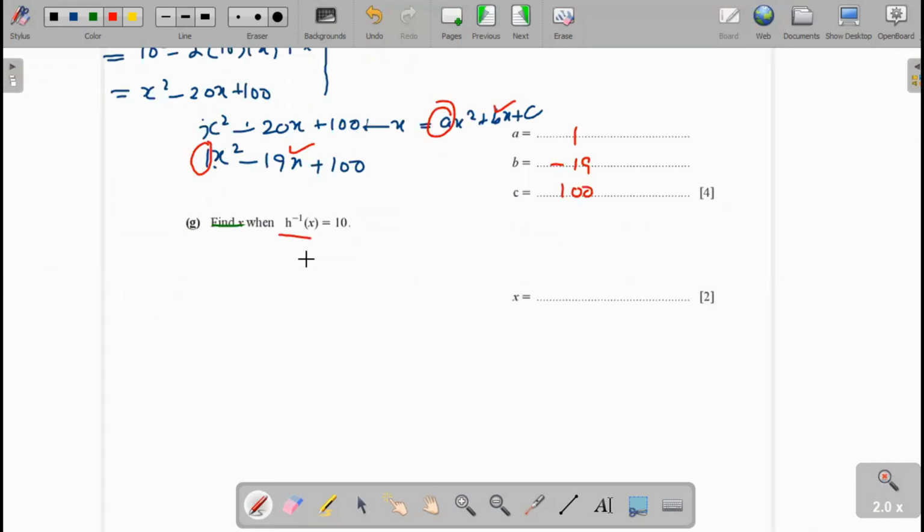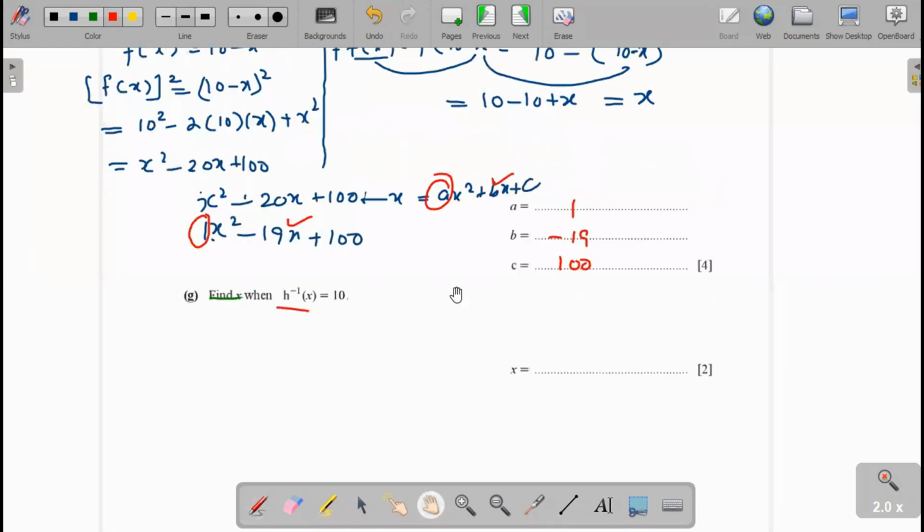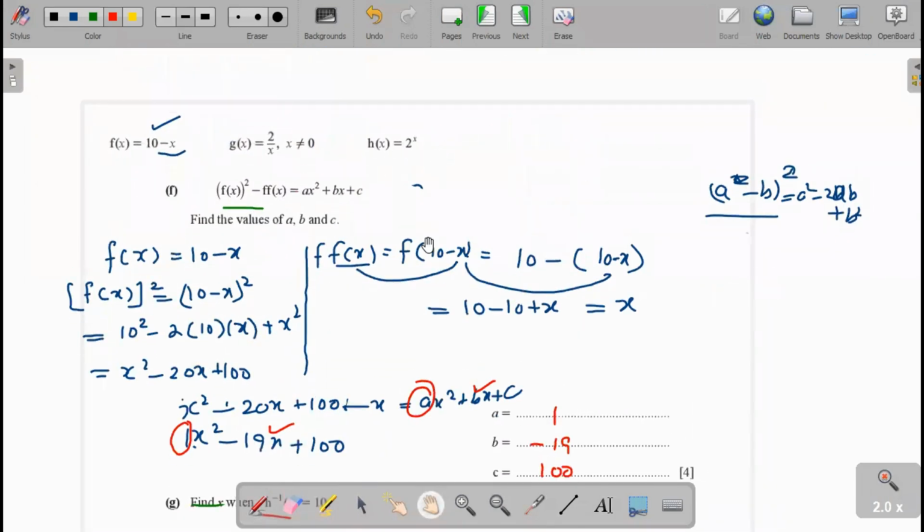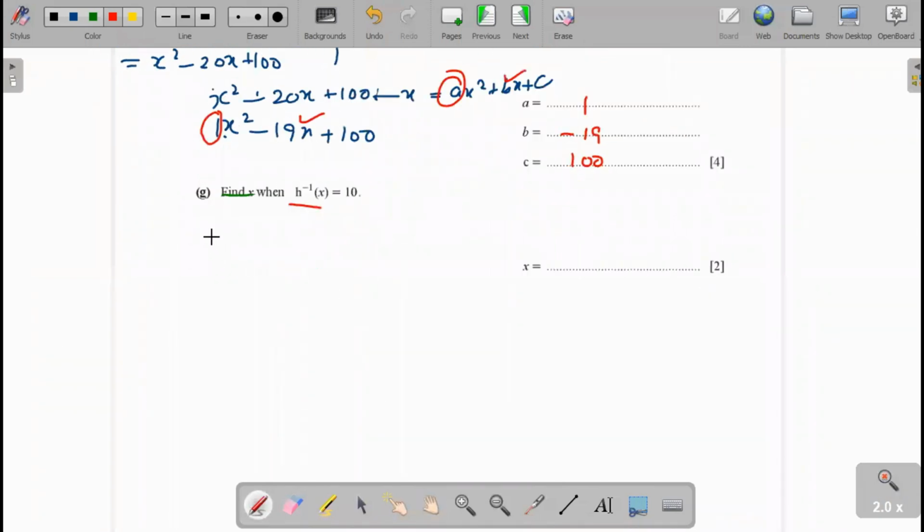Now the function h inverse of x equal to 10. We see that h of x is 2 power x, therefore we write 2 power x is h of x. Therefore that value can be written as y equal to h of x. Now we can write it as x will be equal to h of 10.